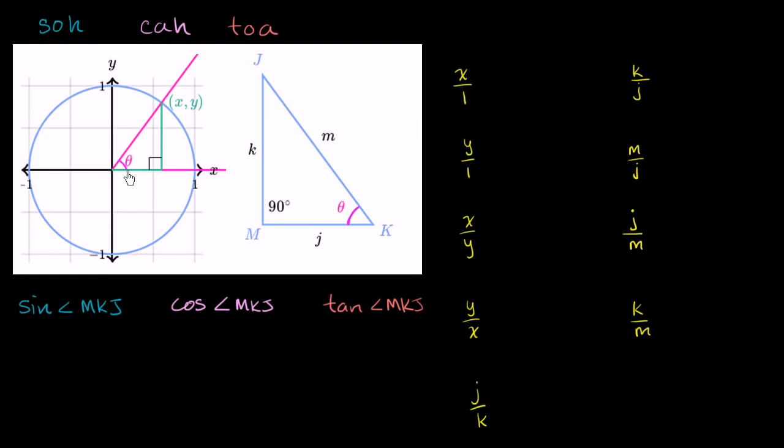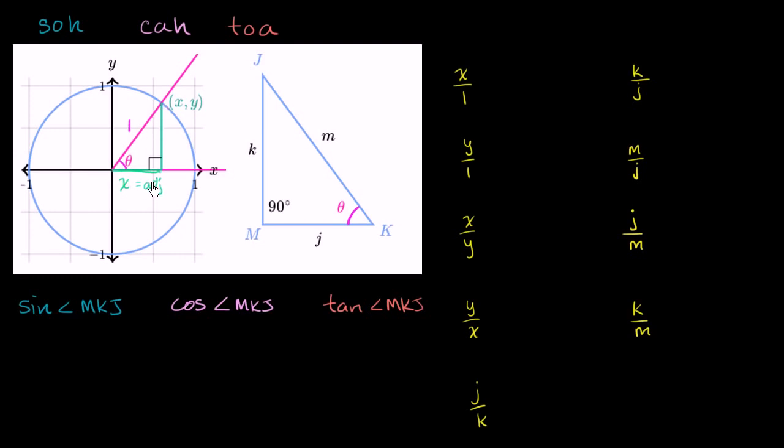X is the x-coordinate. That's also the length of this side right over here. Relative to this angle, theta, that is the adjacent side. So x is equal to the adjacent side. What is 1? Well, this is a unit circle. 1 is the length of the radius, which for this right triangle is also the hypotenuse.